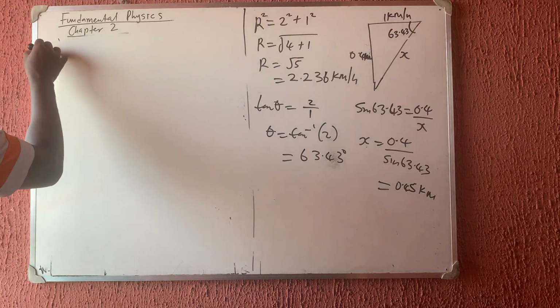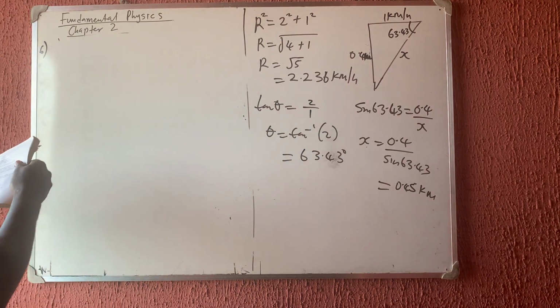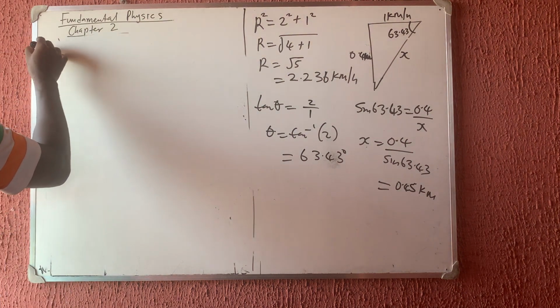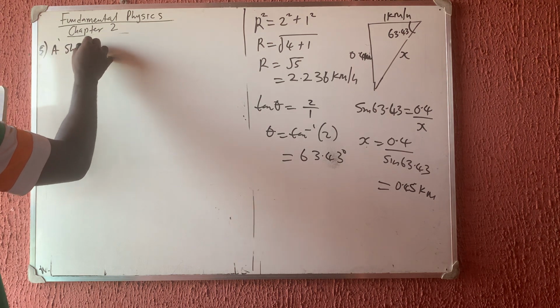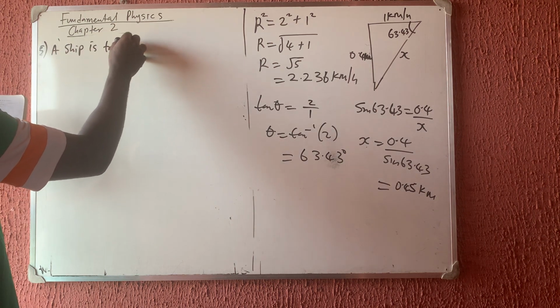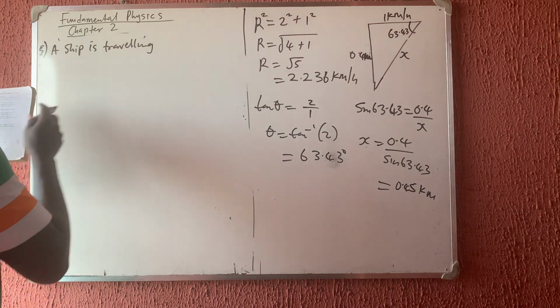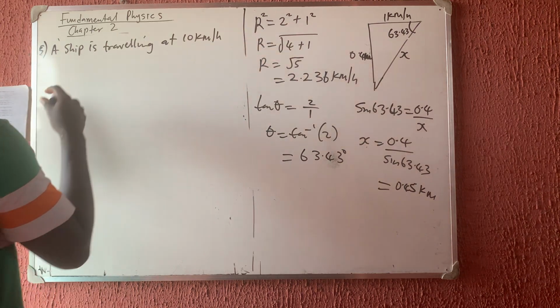So let's move to question number 5. Question number 5 said a ship is traveling at 10 kilometer per hour.